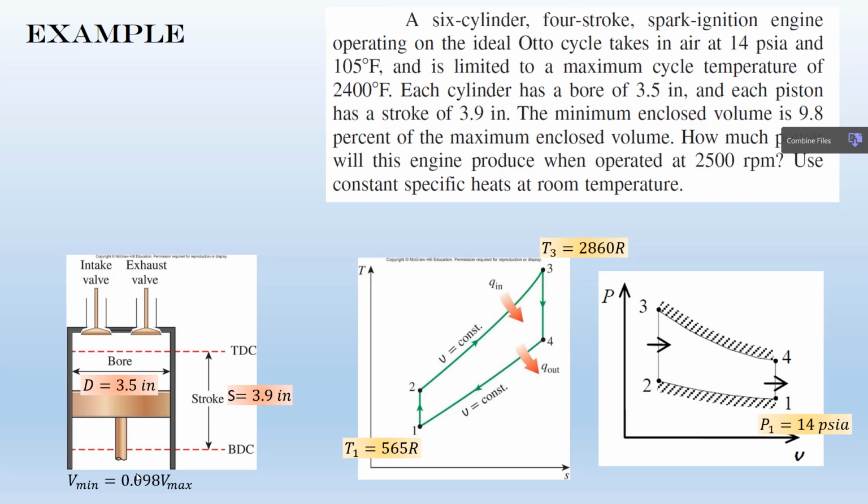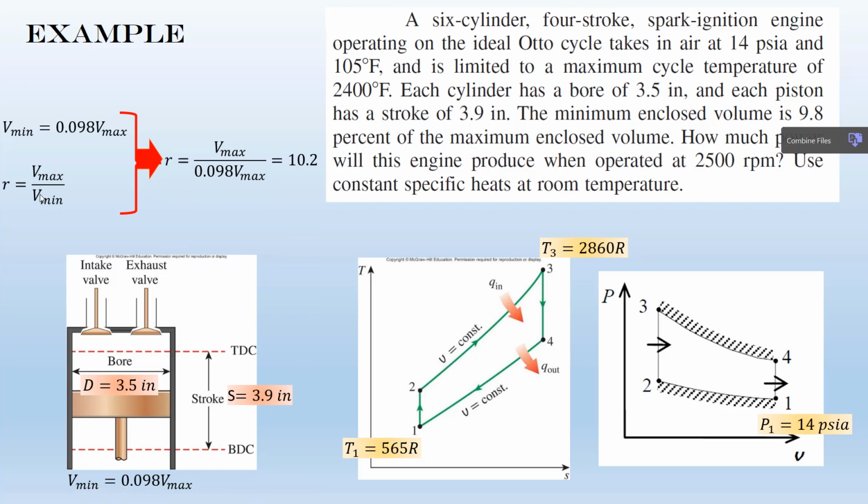What was the definition of r? The definition of r was r equals V max over V min. If you substitute for the V min from this equation, you can find r, correct? So r equals V max over V min. So if you substitute for V min into this equation, we can find r. So the compression ratio is 10.2.